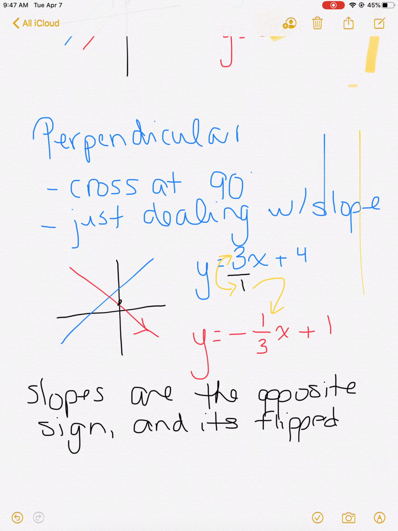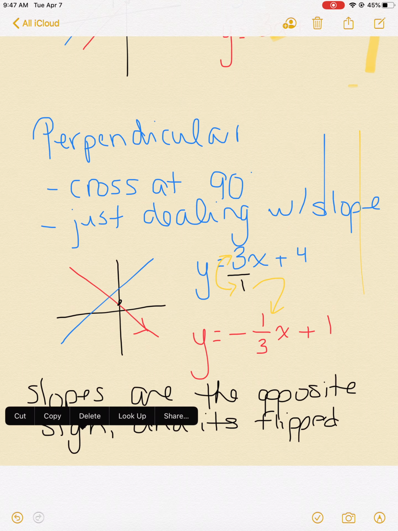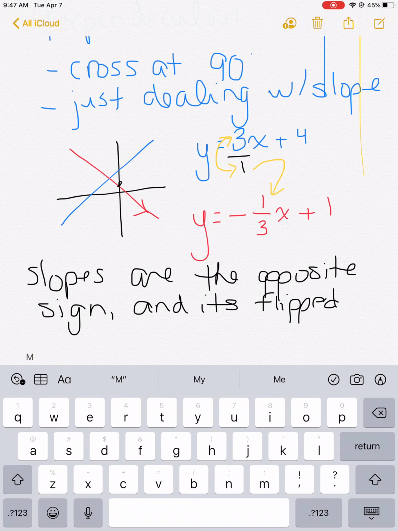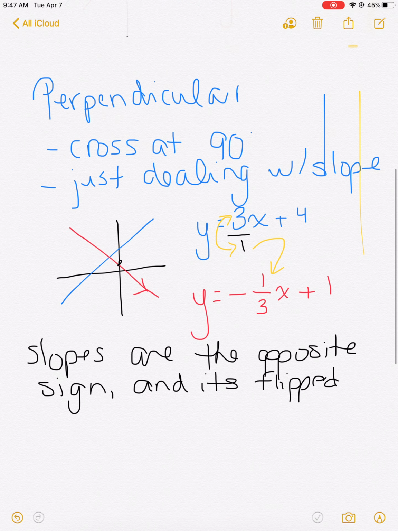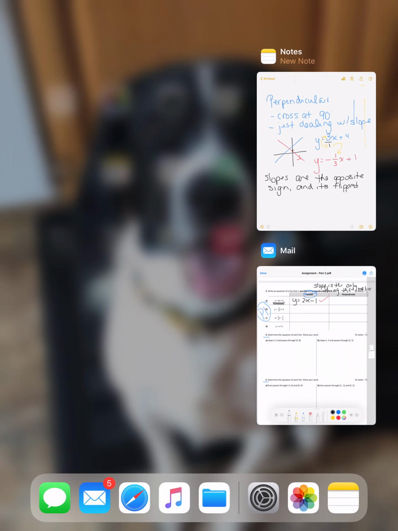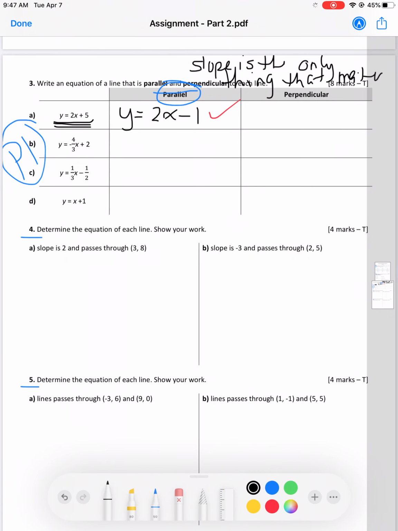Now, perpendicular, what did we say? They cross at 90 degrees. So because we're just dealing with the slope, they're the opposite sign and it's flipped. That's me banging on the thing because I'm trying to show my excitement. So we go back to this guy. We just care about the slope. So that means it's going to be y is equal to the opposite sign.